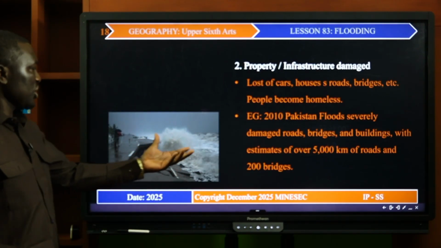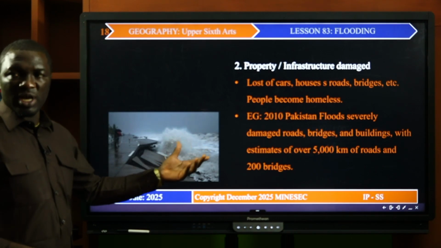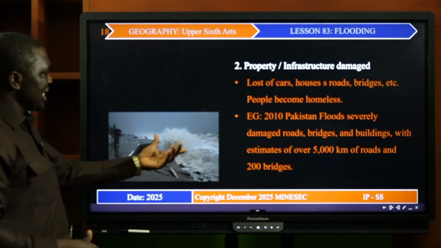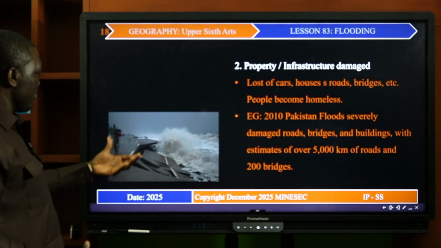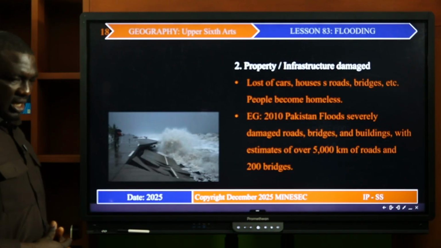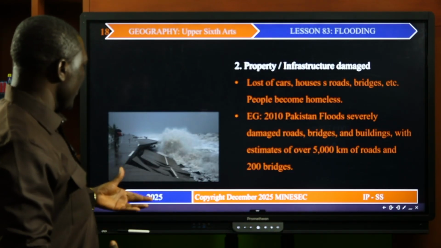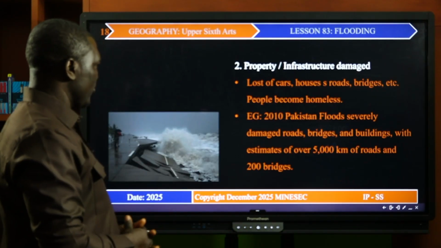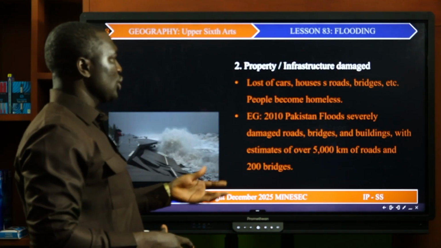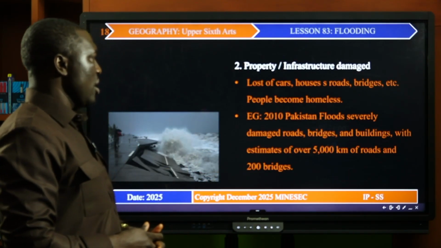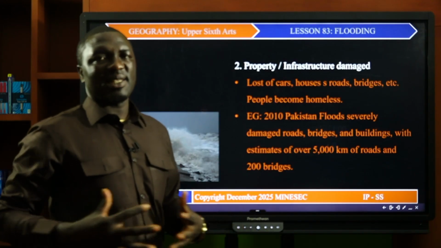A storm surge might result from a tsunami or a strong hurricane. Just imagine the devastating effects of floods. We have loss of cars, houses, roads, and bridges. People become homeless.